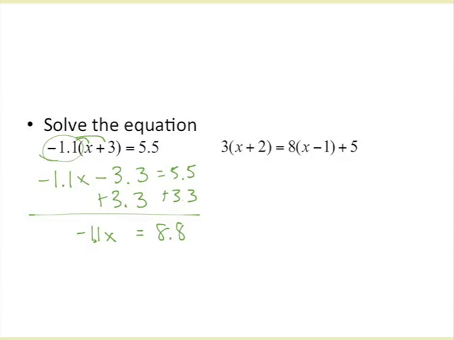And then I want to get the x alone by undoing the negative 1.1 by dividing by it. Which gives me 8. Wouldn't it be negative 8? It would be, thank you. Like I said, those negatives love to disappear, at least for me.